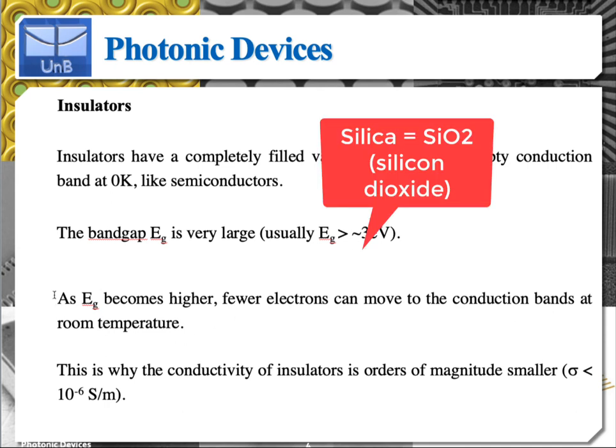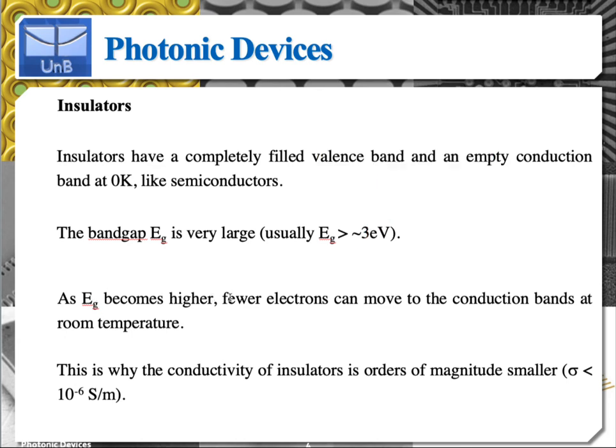So as the energy of the band gap becomes higher, fewer electrons can move to the conduction band at room temperature. This means that you have much fewer electrons that are available to conduct electricity, as you would expect. And this is why conductivity in insulators is orders of magnitude smaller than the conductivity in semiconductors and metals.